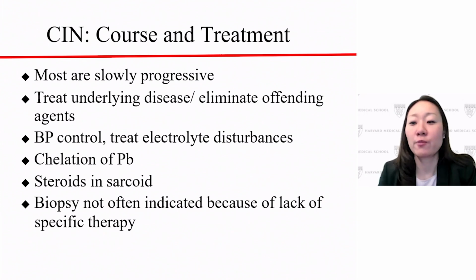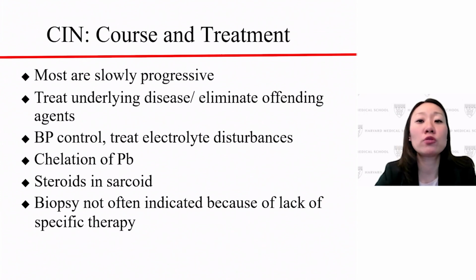Over the course of the past half hour, we've reviewed the common causes of acute interstitial nephritis and chronic interstitial nephritis. Acute interstitial nephritis can be caused by drugs, infections, systemic diseases, as well as idiopathic etiologies.